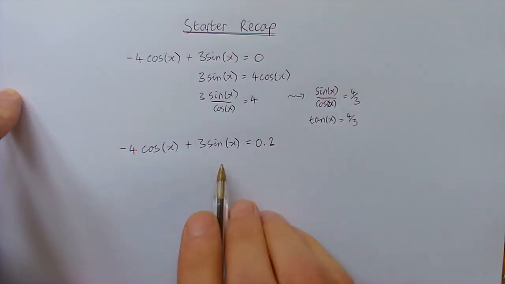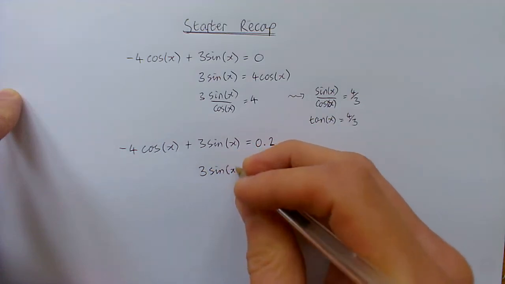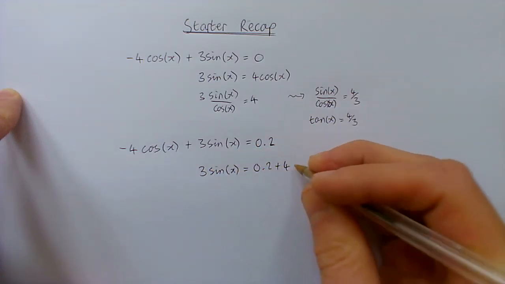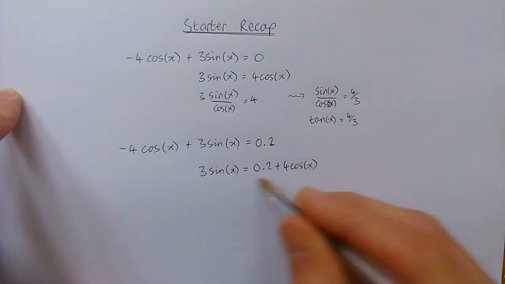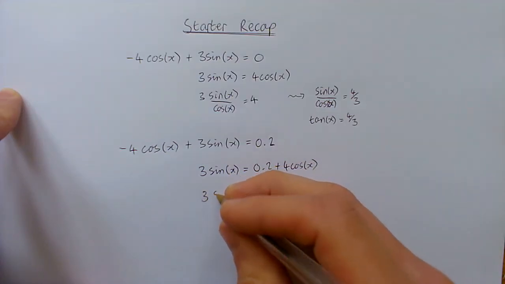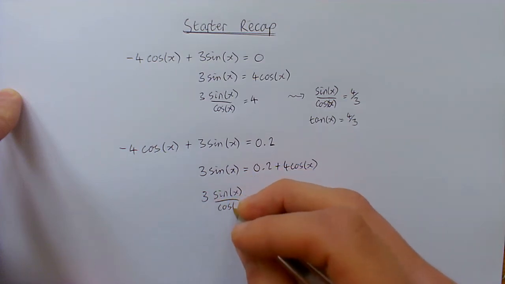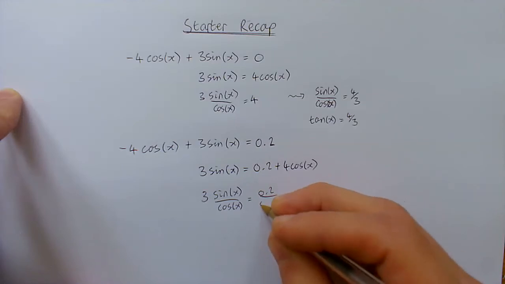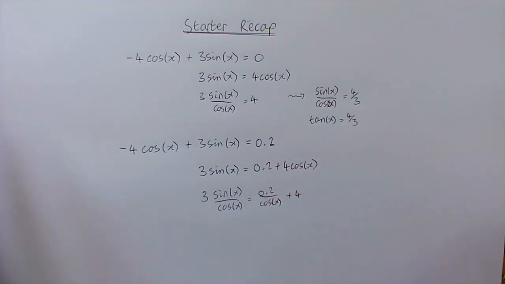On the other hand, if we try and play the same game down here, so we're adding 4 cos x to both sides, well, that's going to cause a problem because now if we try and divide by cos x, we get 3 sine x over cos x again. But we try and divide this by cos x, we're going to get a horrible mess because that goes over cos x plus 4. Oh, that hasn't worked out nicely.